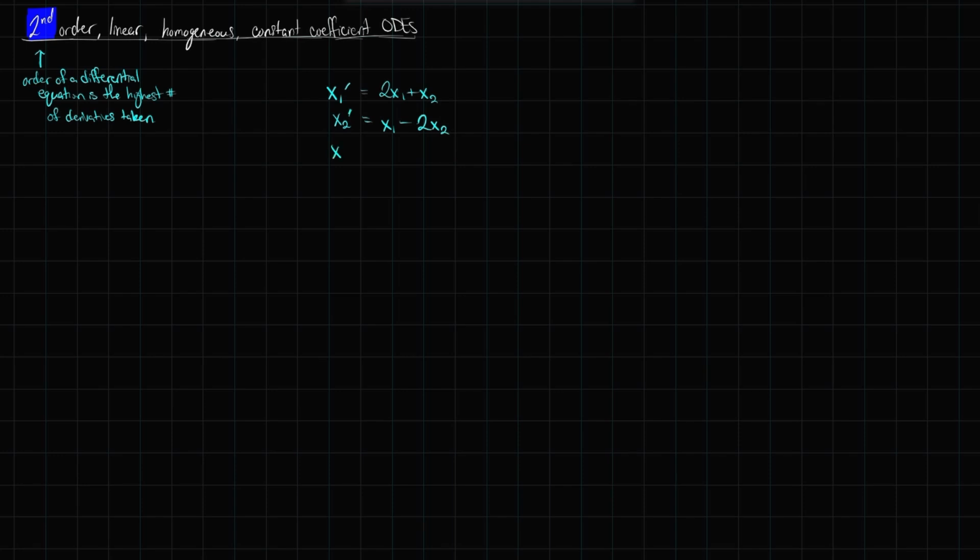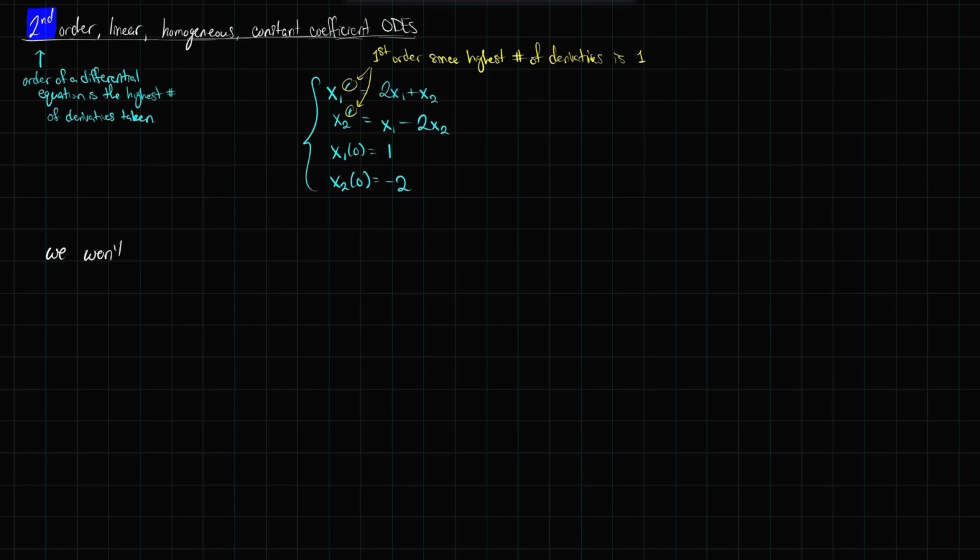We had some initial conditions maybe as well: x1 at time 0 was 1, x2 at time 0 was negative 2 or something. So this is first order, since the highest number of derivatives is 1. Today we'll be looking at second order, but we're not going to be looking at systems.